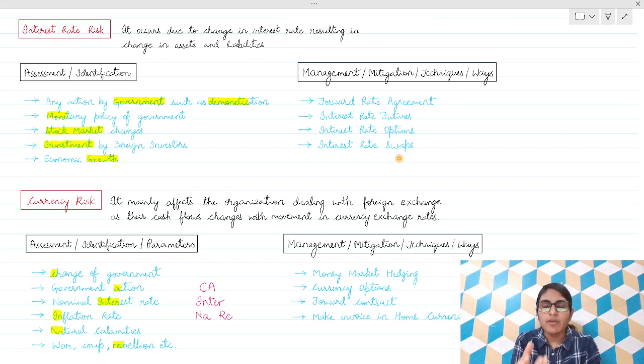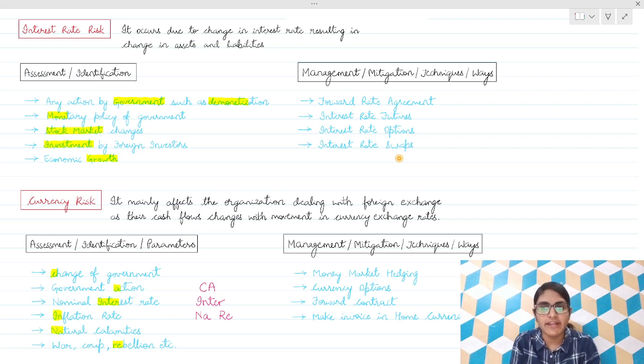How will you identify interest rate risk? Any action by government such as demonetization, monetary policy of government, stock market changes, investment by foreign investors, and economic growth.